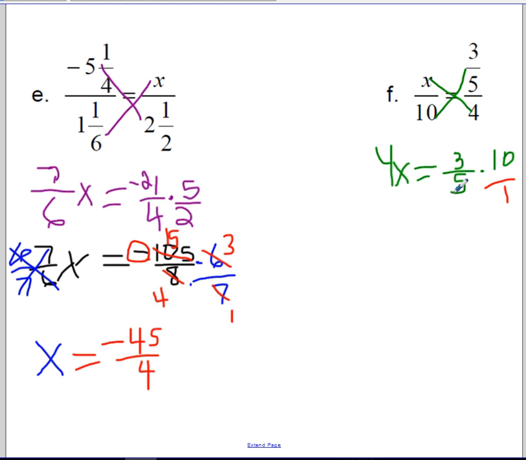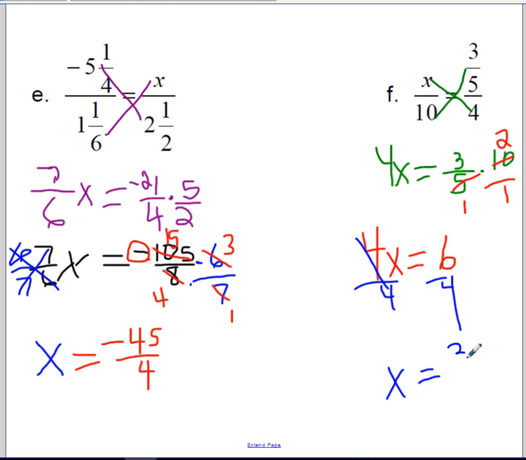And notice now 5 and 10 can be simplified. 5 goes into 5 once and goes into 10 twice. So we're left with 4 times x equals 6 over 1, or just 6. And then let's divide both sides by our 4. And we get x equals 6 over 4, which reduces down to 3 over 2.